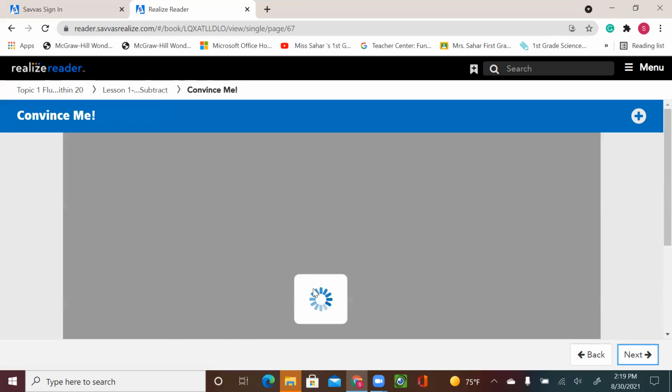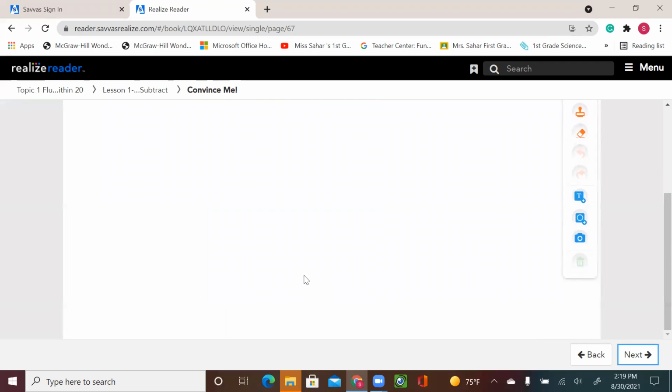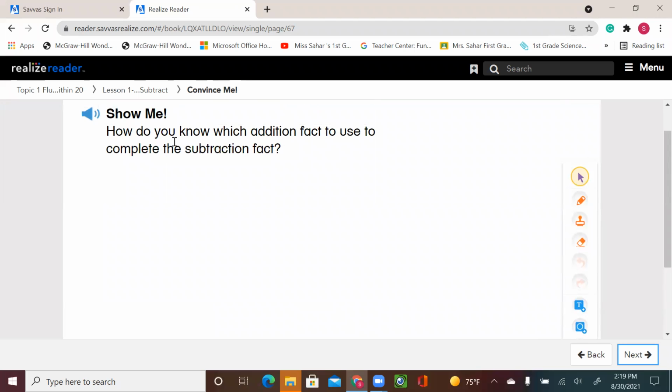Okay, let's go back to our book and go to the next exercise. Show me how you know which addition fact to use to complete the subtraction facts. We know that with addition facts, if you have one addend and you have the total, we can do that.